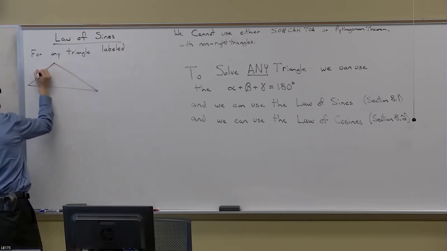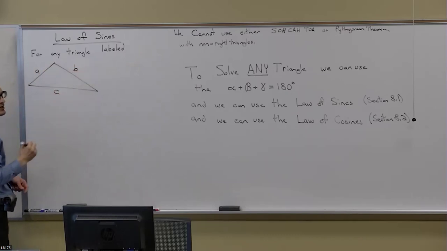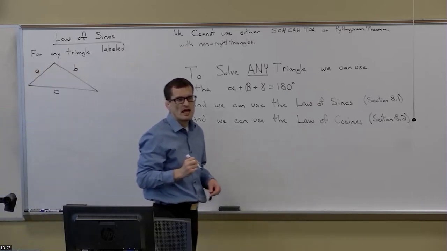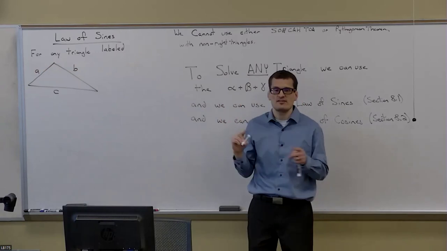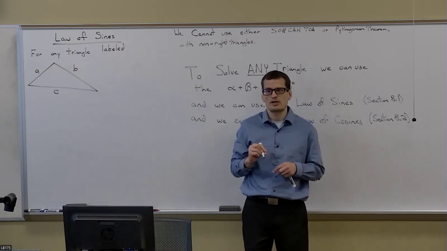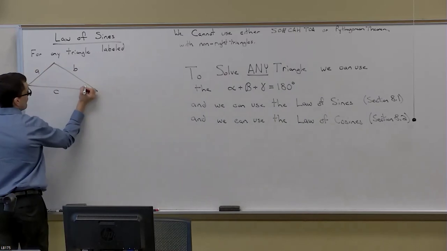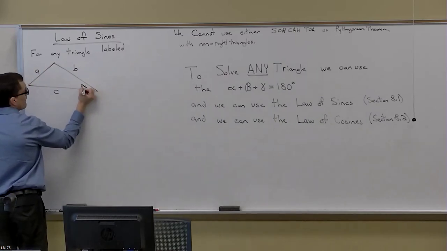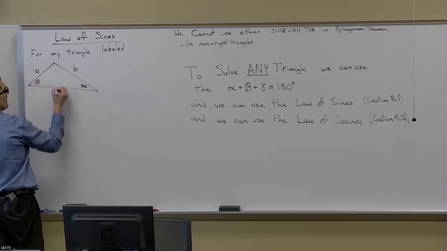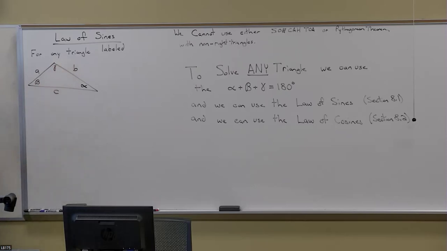You probably can figure out what our labels are going to be. The side lengths are going to be A, B, and C. And the angles opposite the side lengths are going to be alpha, beta, and gamma, the three Greek letters. So alpha is going to be the angle opposite A. Beta is going to be the angle opposite of B. And gamma is going to be the angle opposite of C.